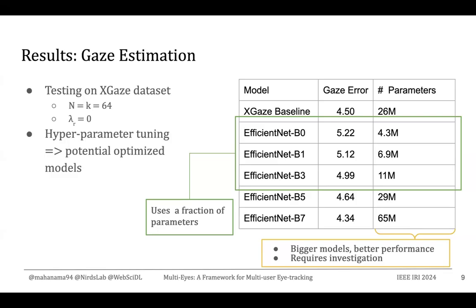We trained the model with the XGaze dataset, and our model achieved comparable results while using a fraction of the parameters used by the baseline. Also, we observed bigger models to yield better results, indicating possible improvements. Considering the two hyperparameters, this indicates potential for more optimized models beyond the scope of our study.